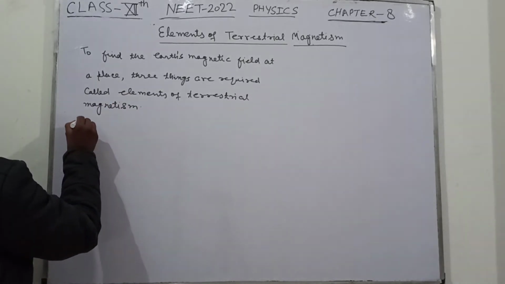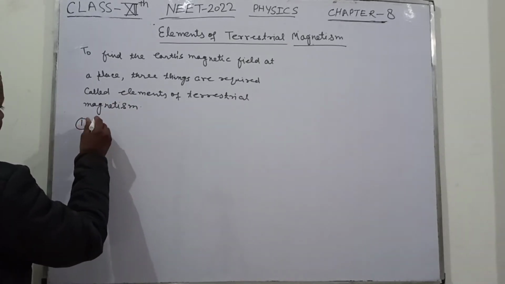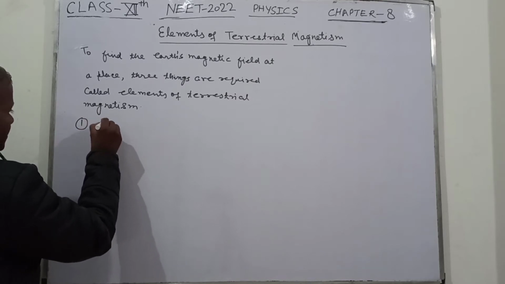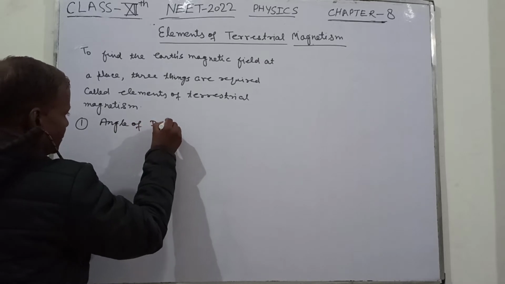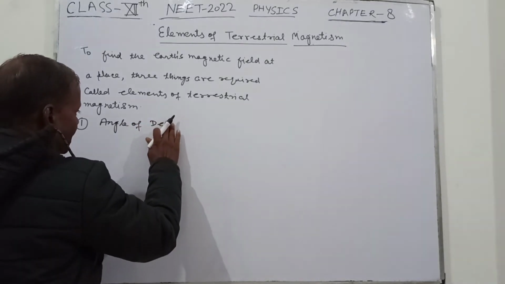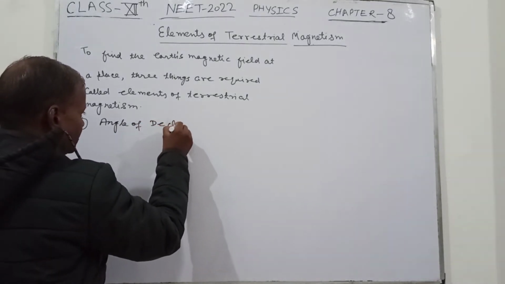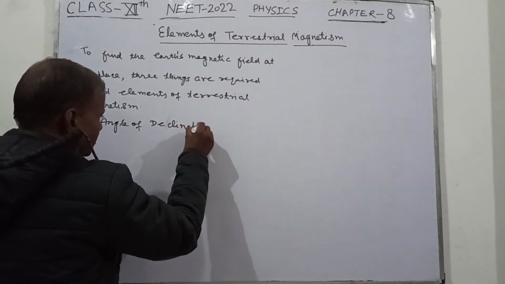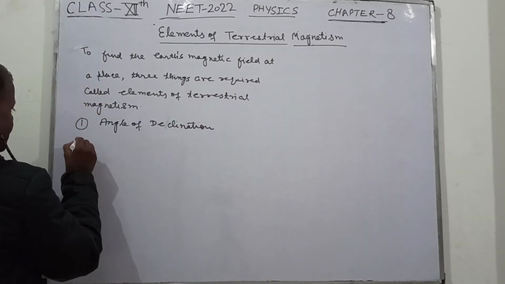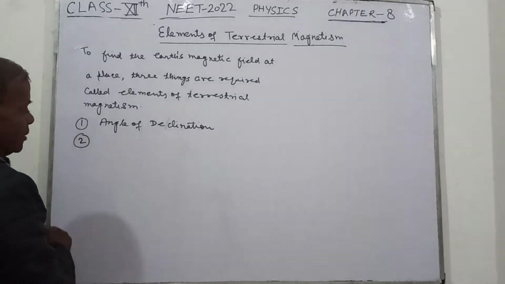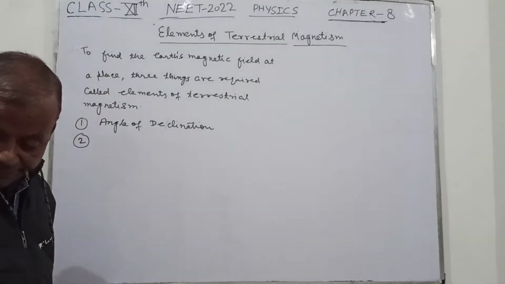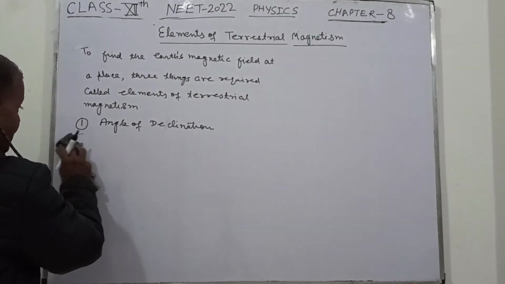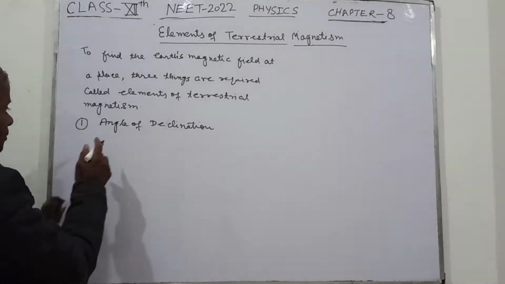Now these three things are: first, the angle of declination, also named the magnetic declination.